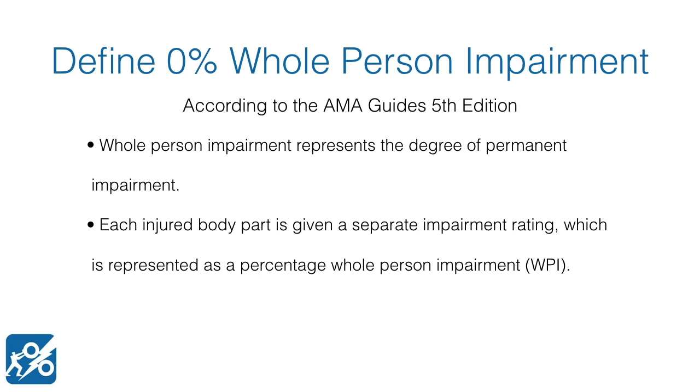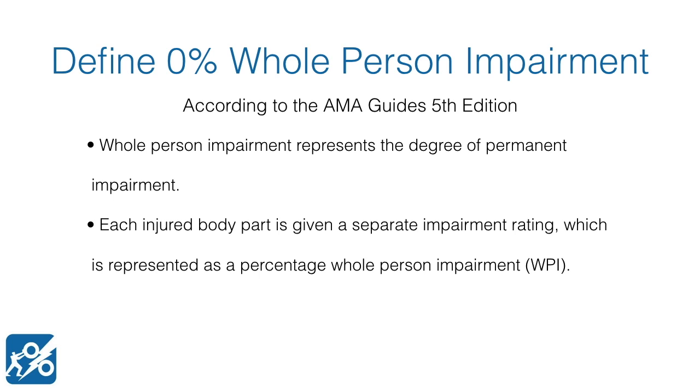So in short summary, this means that a 0% whole person impairment, when assigned, indicates also that no activities of daily living are limited. So let me back up and summarize a 0 whole person impairment rating for you now. When a report assigns a body part as a 0% whole person impairment, that by definition means two things.